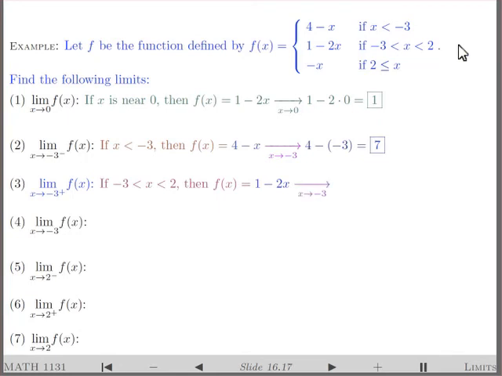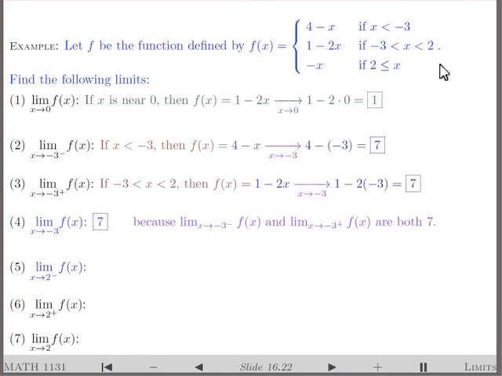Again, for a polynomial, limit equals value, so the limit is 1 minus 2 times negative 3, which is 7. Since the limits from both sides are equal, the two-sided limit exists and equals a common value, namely 7.